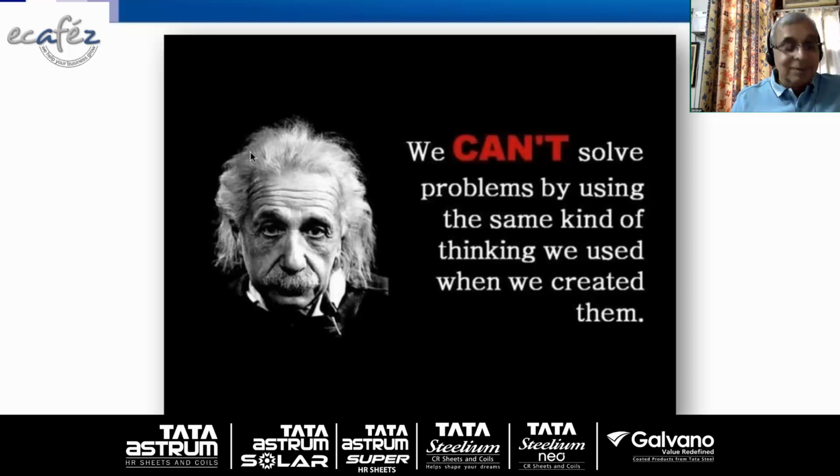So again, a very important thing: we can't solve problems by using the same kind of thinking we used when we created them. This wisdom was given by the greatest scientist of the century, Albert Einstein. In fact, if we try to solve the problem with the same knowledge by which we created it, we can never come to a solution.